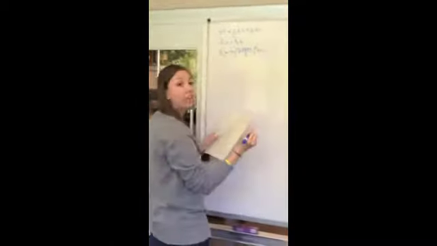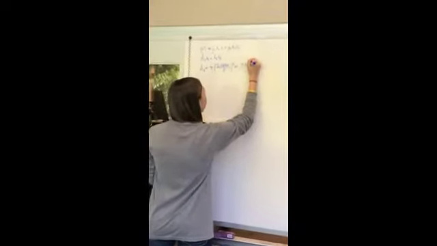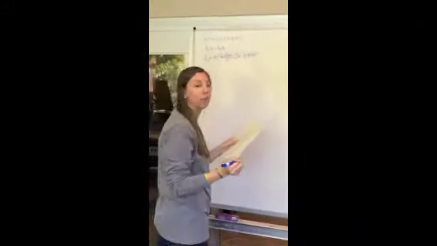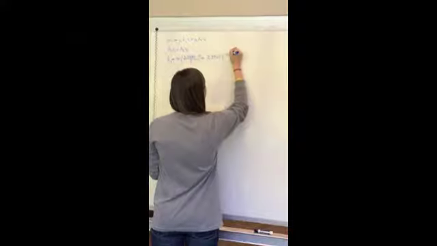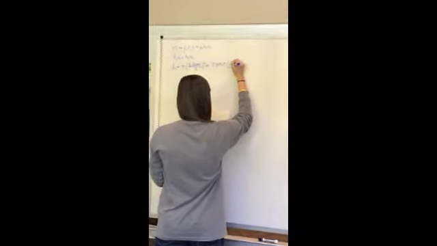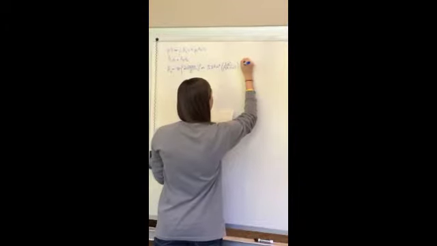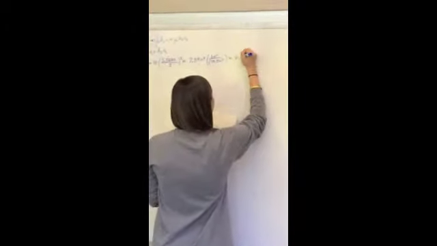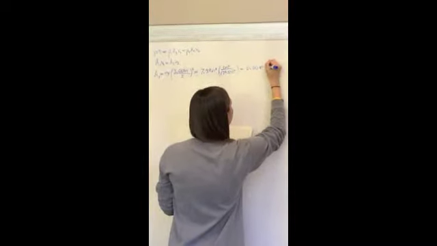And if you plug that into the calculator, you get 7.39 inches squared. And then we're going to convert this to meters squared. And if you plug that into the calculator, you'll get 0.004769 meters squared.